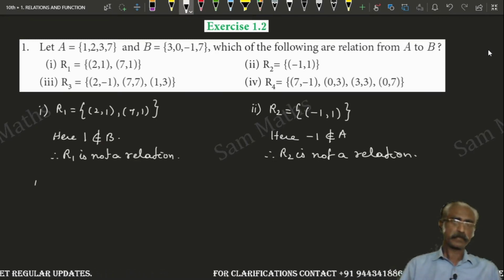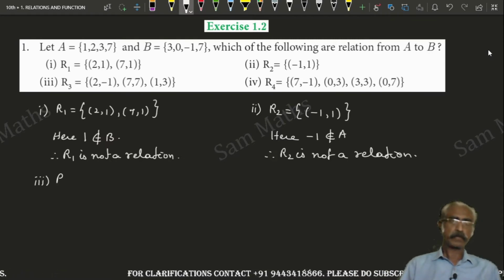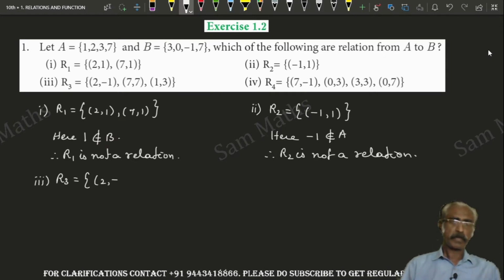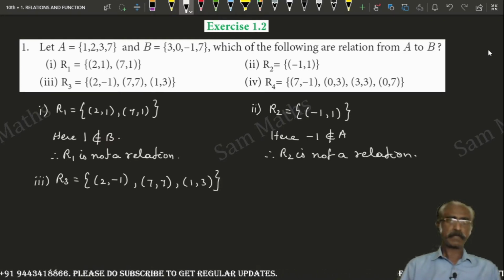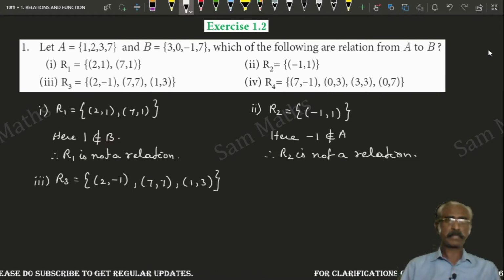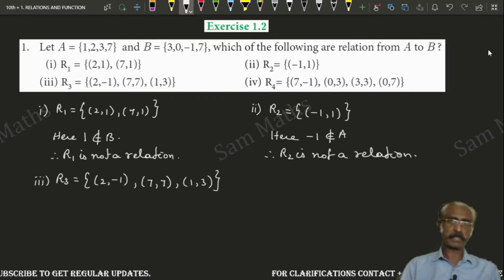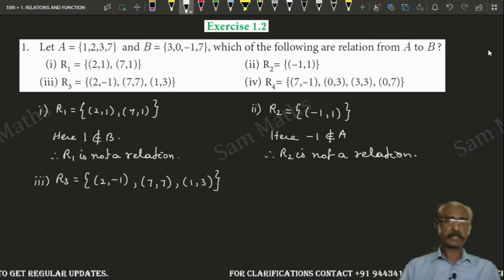Third one, R3, 2, minus 1, 7, 7, 1, 3. First you can check the first entries: 2, 7, 1. All these elements are from the first set A. Next is minus 1, 7, 3.